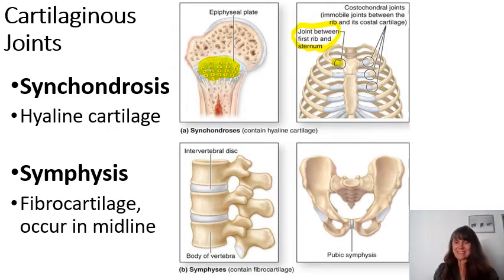The term symphysis is in the name pubic symphysis. So the intervertebral discs and the pubic symphysis form cartilaginous symphyses that are made up of fibrocartilage, whereas the cartilaginous synchondroses contain hyaline cartilage.